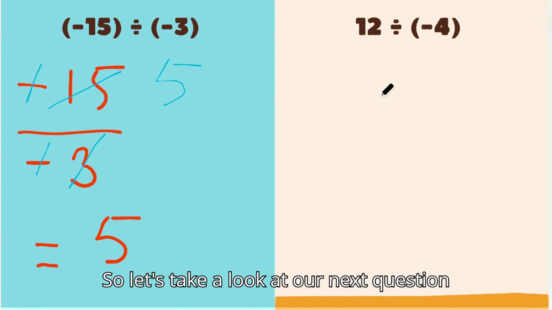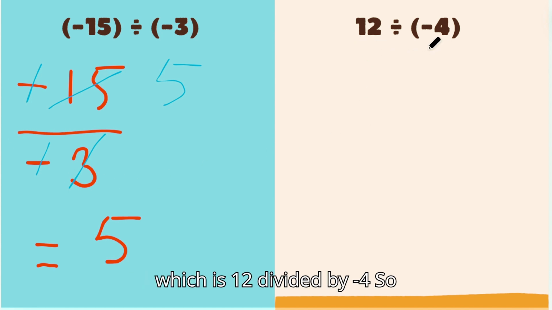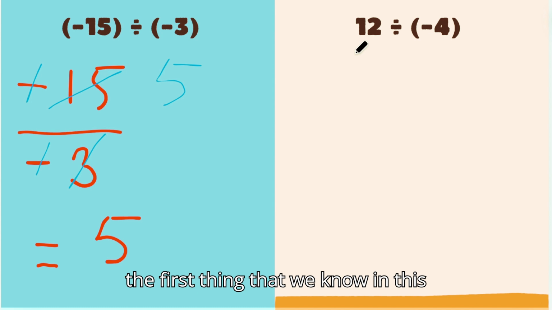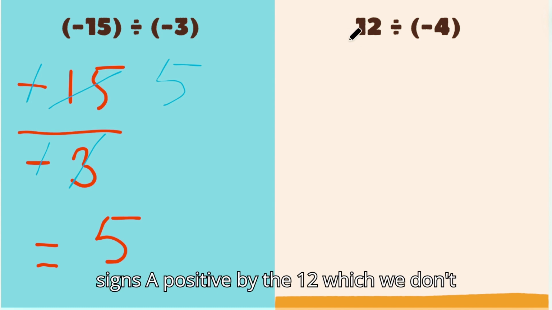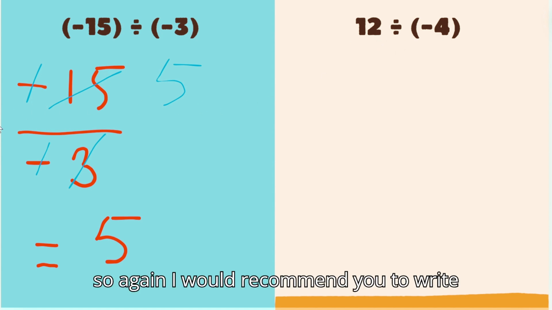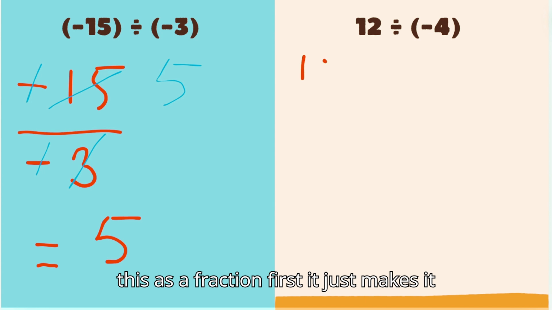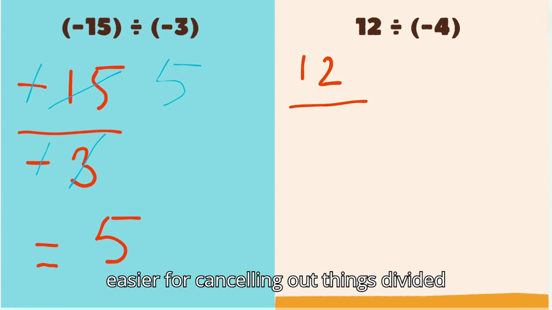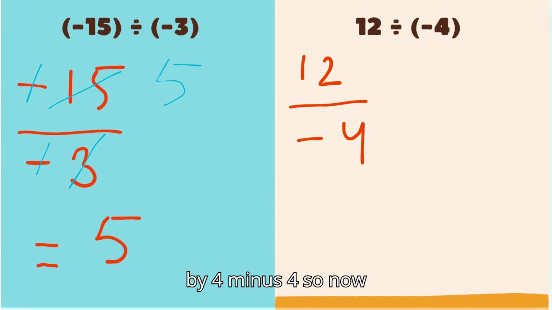Let's take a look at our next question, which is 12 divided by minus 4. The first thing that we know in this question is that we have two different signs, a positive by the 12, which we don't write, and a negative by 4. So again, I would recommend you write this as a fraction first. It just makes it easier for cancelling out things. 12 divided by minus 4.